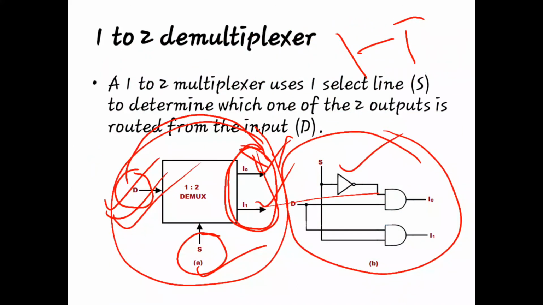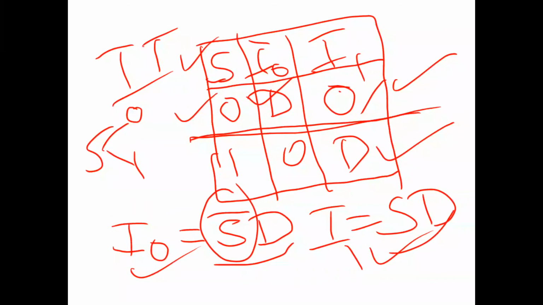You can see here where we have used the NOT gate for getting I0. Then for getting I1, the expression is SD.